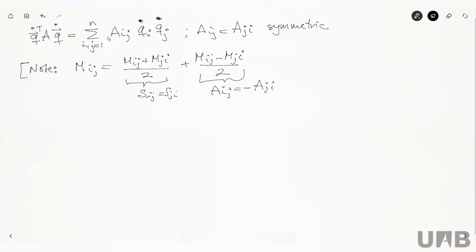So what? The fact that these are dummy indices means you can change them, and you can change j for i. It's almost the right answer. Why don't you think just one second more, and tell me why these coefficients necessarily have to be symmetric?